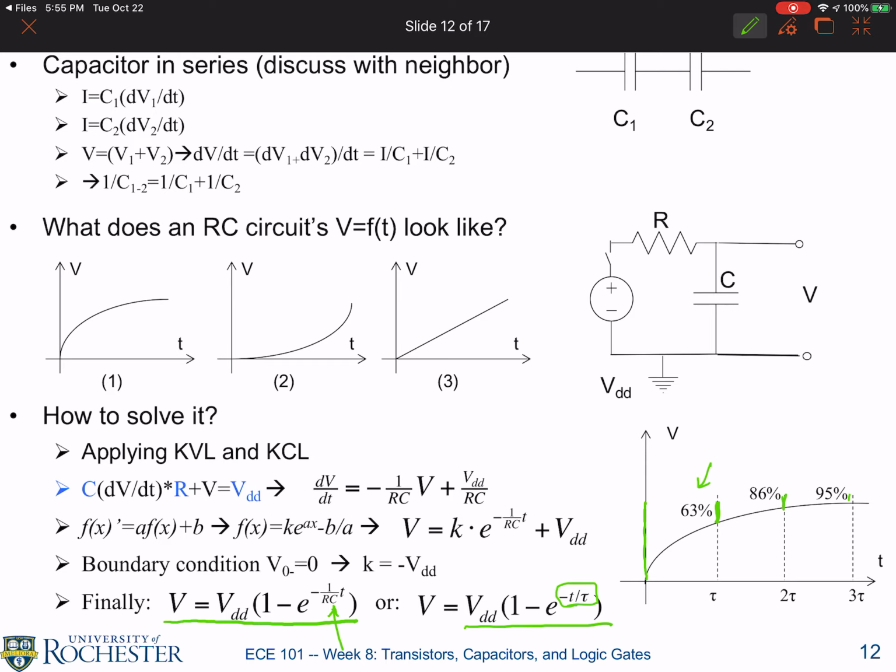So every tau time unit later, the difference to the asymptote is 1 over e times the original one. So that's what it is. Okay, so why do we care about this?